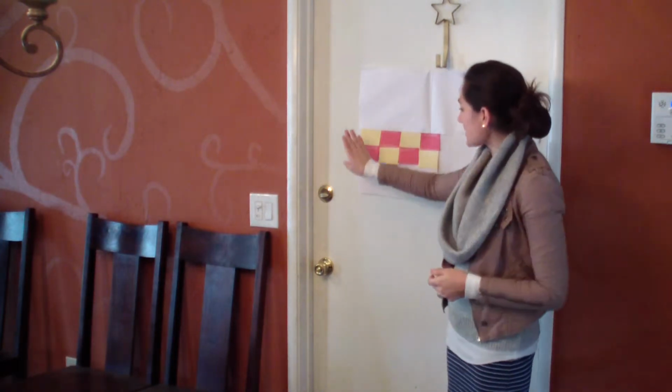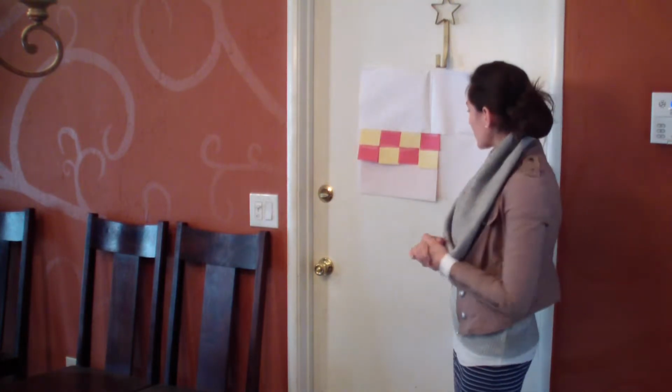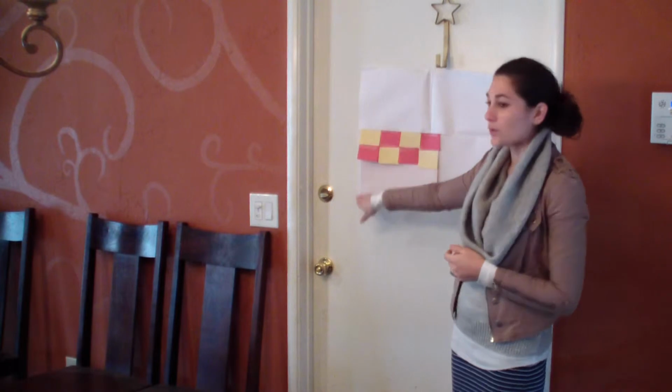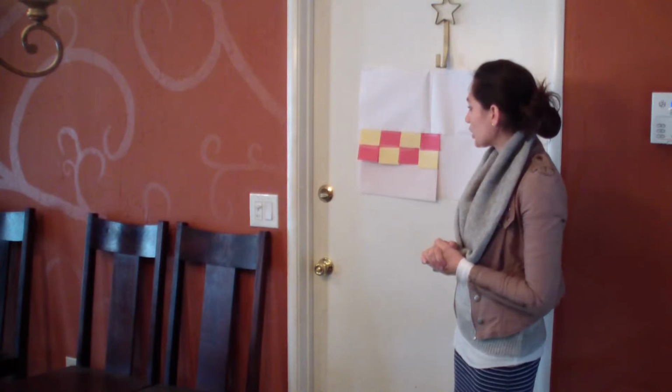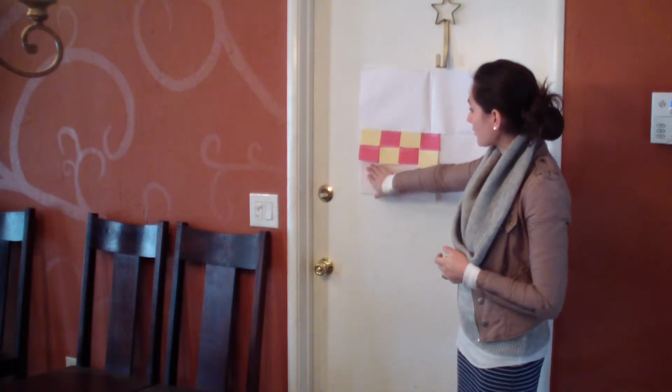When we come back down to our 3rd row, what color are we going to start with? Are we going to continue this pattern, or are we going to continue it with this pattern? The one on the side. Very good. So that means our first color for our 3rd row is going to be yellow.